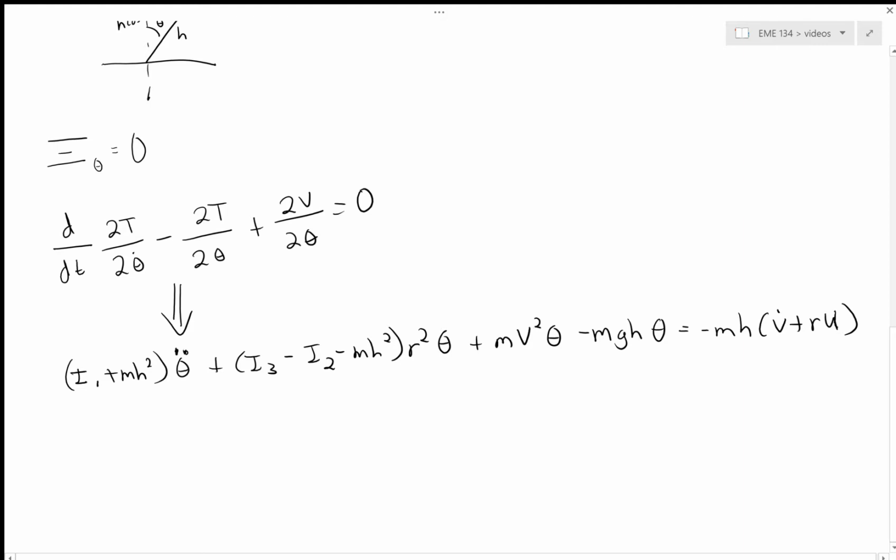So we've got this thing in terms of the roll angle on the left hand side, but we have v squared, r squared terms, and those are functions of delta, the front and the rear steer, which we previously determined.